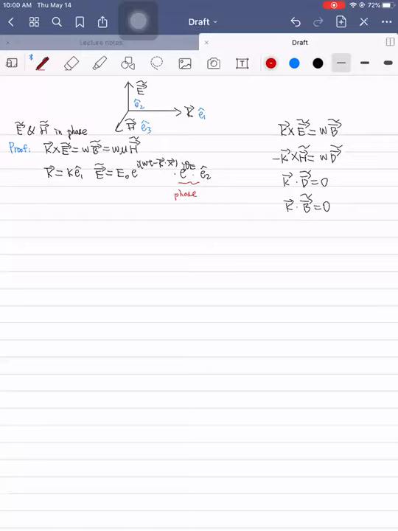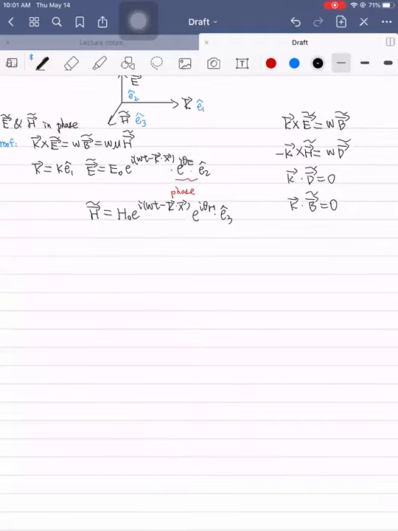So I just add a random phase term in the expression. Then if we want to prove they are in phase, we just need to prove the random phase is the same for both E and H, right? So same for H, but this is the amplitude of H, and its directional vector should be e3.